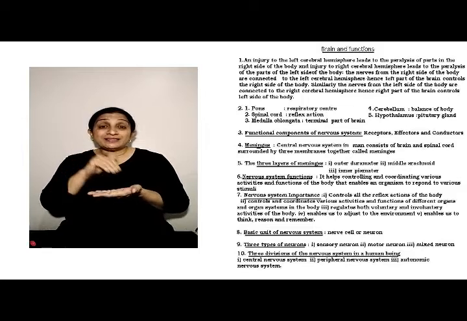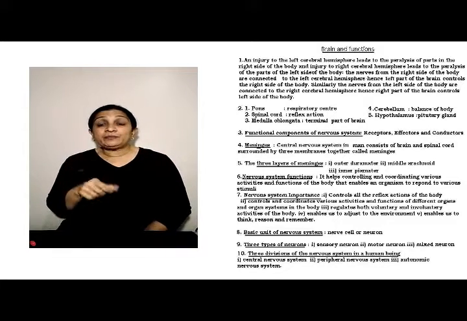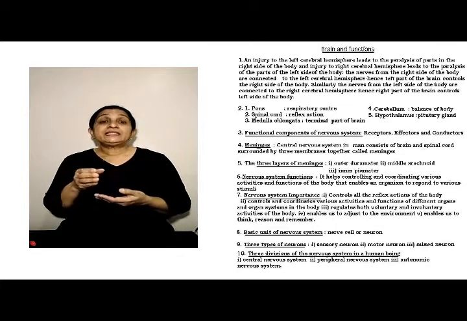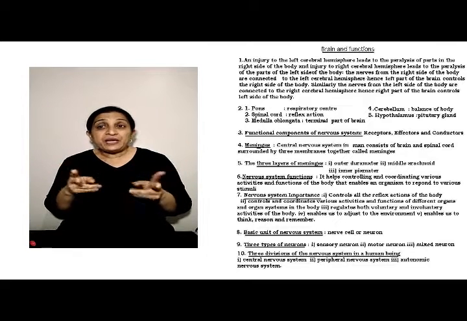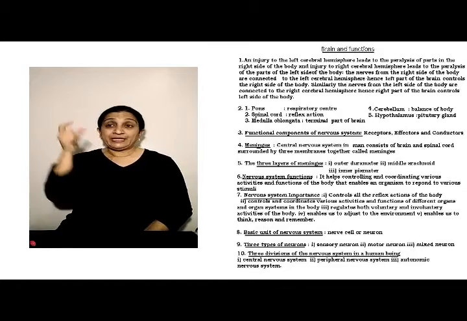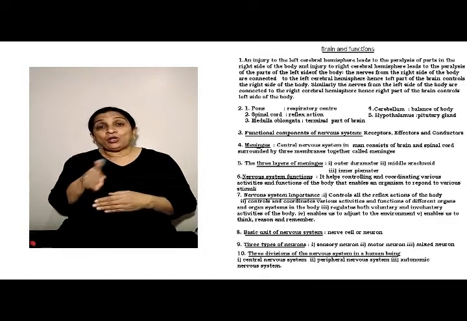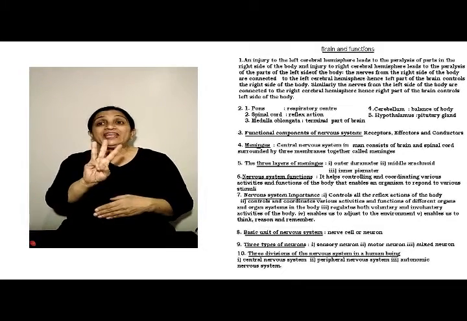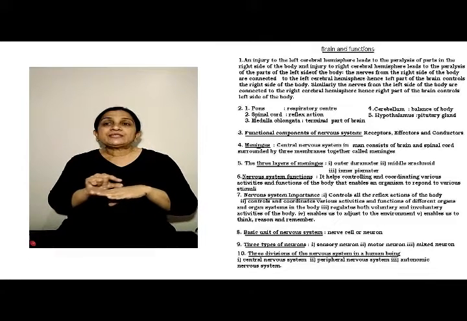The central nervous system in man has different parts, that is the brain and spinal cord, and all these are surrounded by three membranes.